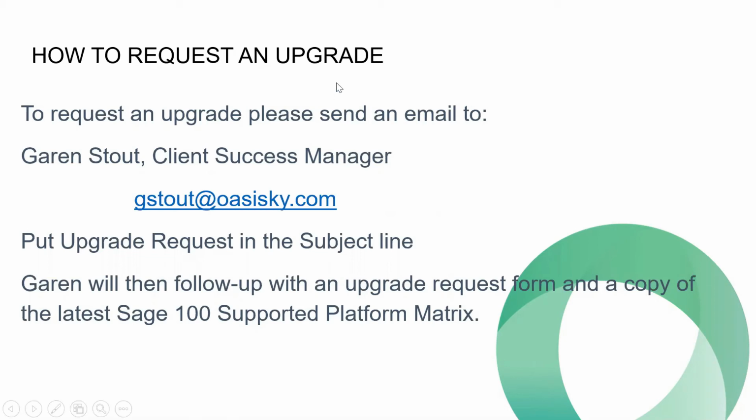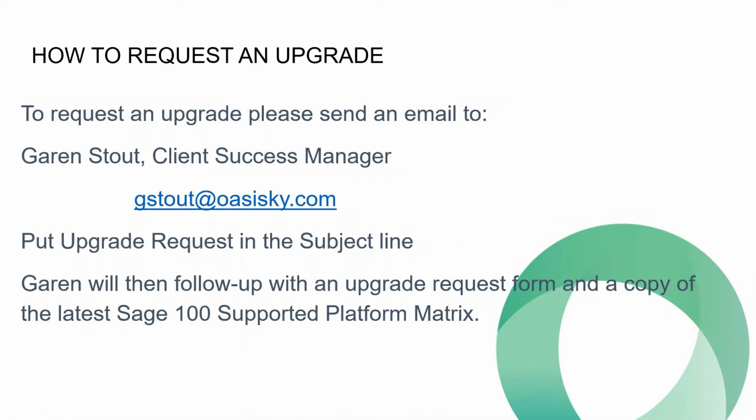But if you are wanting to request an upgrade, all you need to do is send an email to Garen Stout. She is our Client Success Manager, and this is her email address. Just put upgrade request in the subject line.